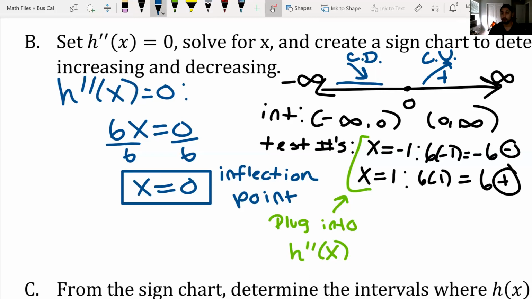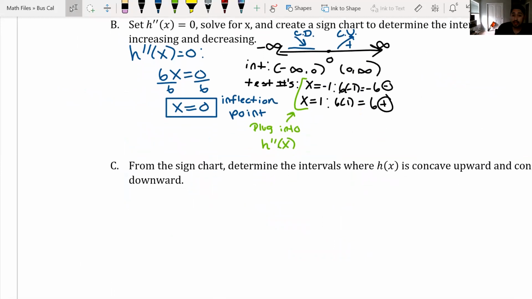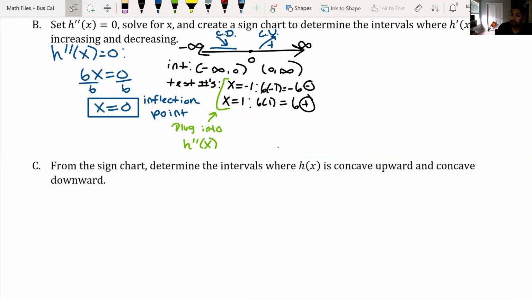Okay, cool. Let me move myself up there. There we go. Okay, so that's how our sign chart for the second derivative works. This only looks for concavity, which means now we can answer C, because I said B and C go hand in hand. So looking at the sign chart above, it wants to know where the original function is concave up and concave downward.